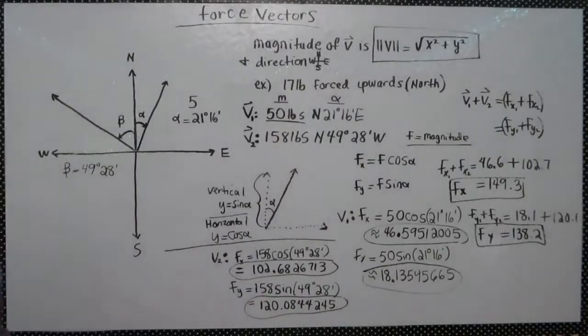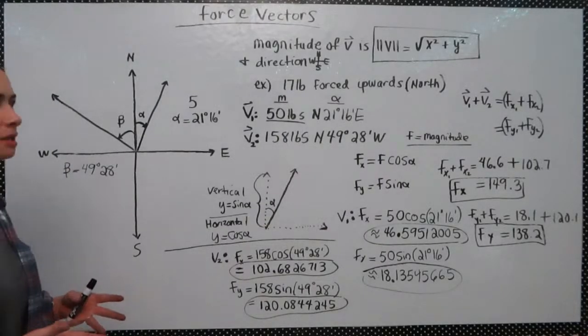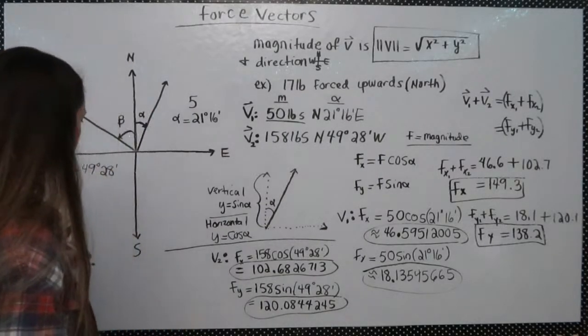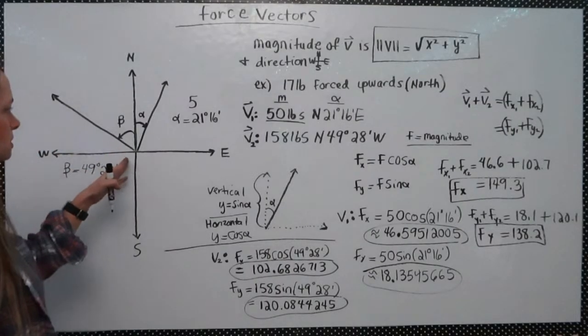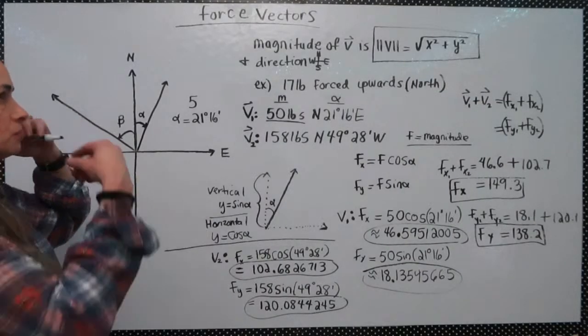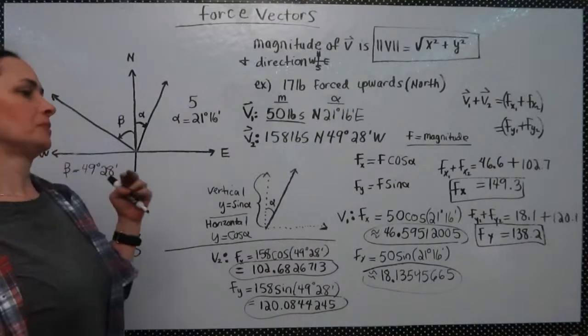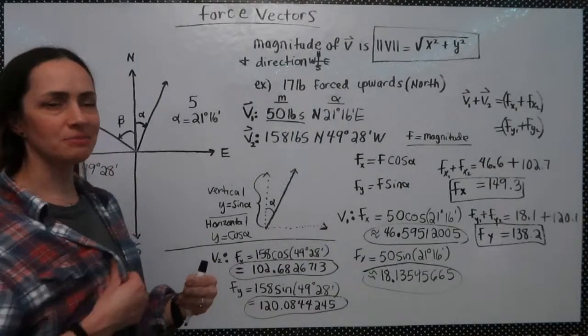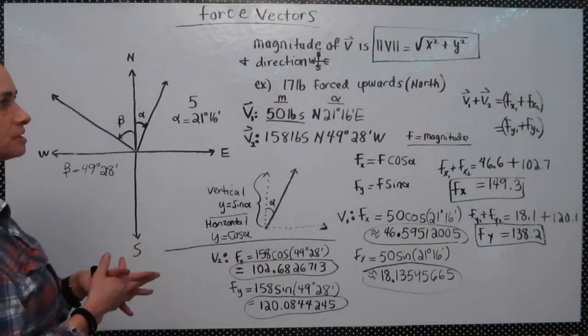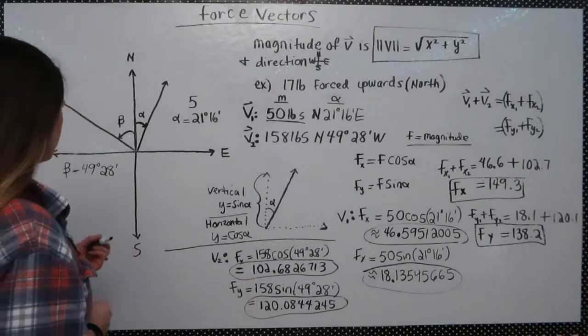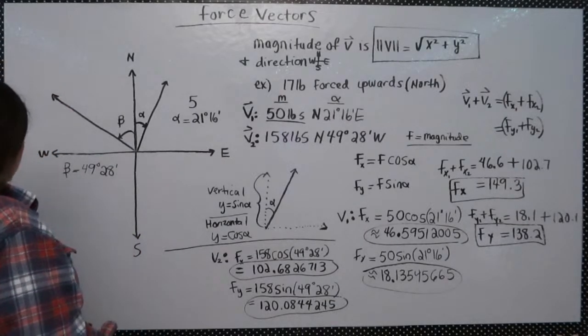The other ways of calculating the magnitude involve measurement. You have to have an exact figure, like when I drew these to scale, you would have to have an actual right angle, and it has to be more exact if you're going to use those other methods. But this one will work. It's the algebra.